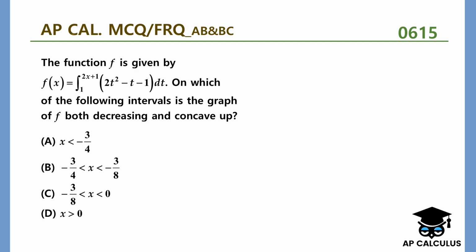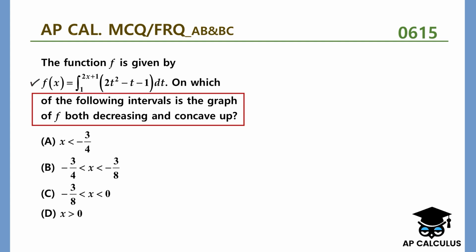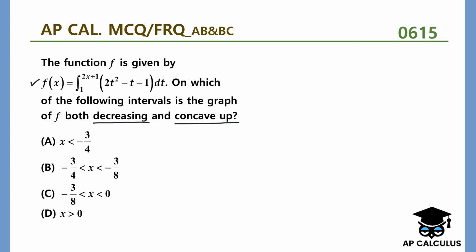Question 615. The function f is given by, right over here. On which of the following intervals is the graph of f both decreasing and concave up? Okay, we know that the function f is decreasing when f prime is negative, and it is concave up when f double prime is positive, right?